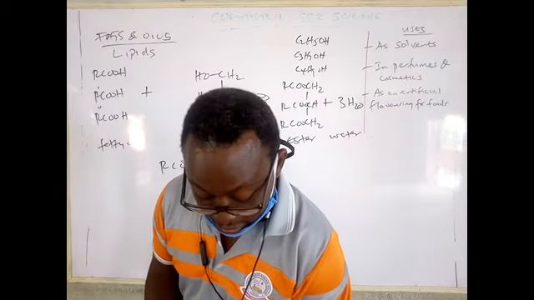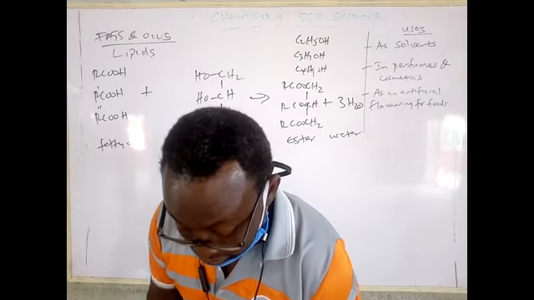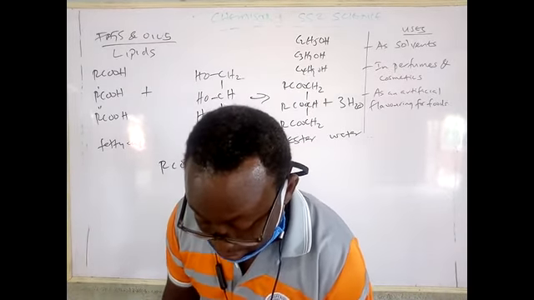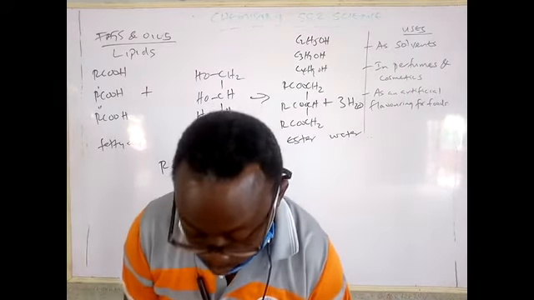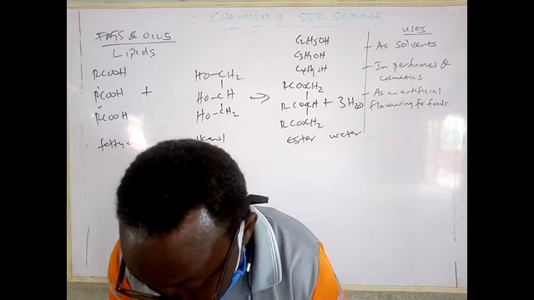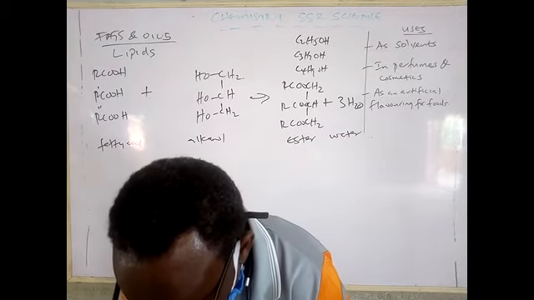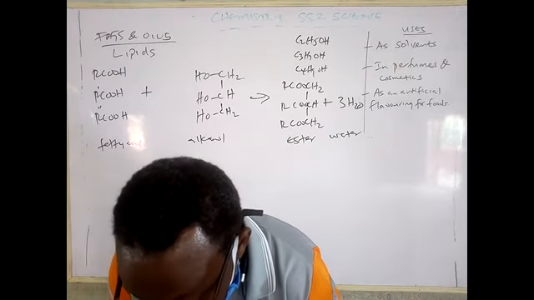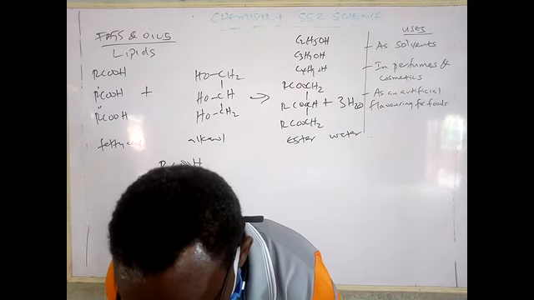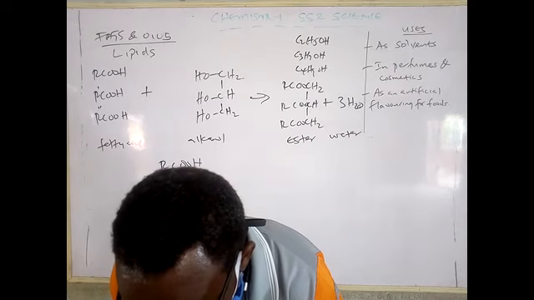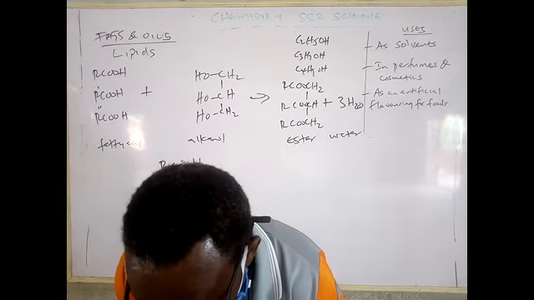I'm going to stop there for today, expecting that we'll talk about hydrogenation of oils when next we meet. But before I round up, let me just let you know some properties of fats and oils. It depends mainly on the proportion of each constituent.